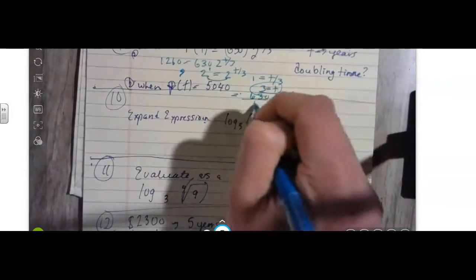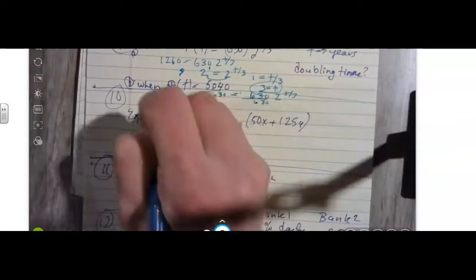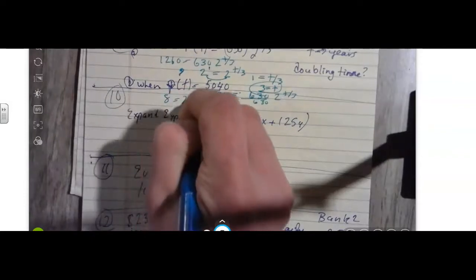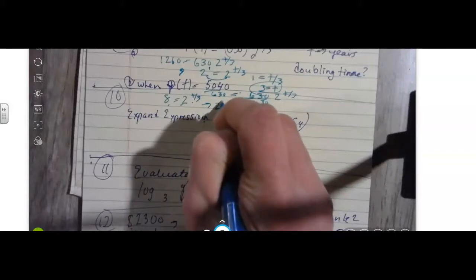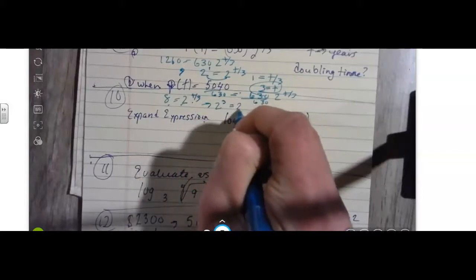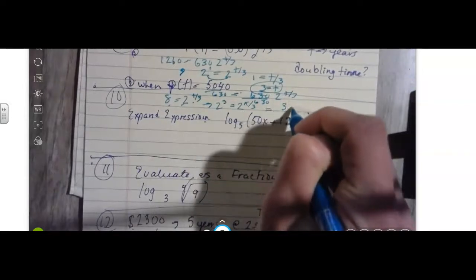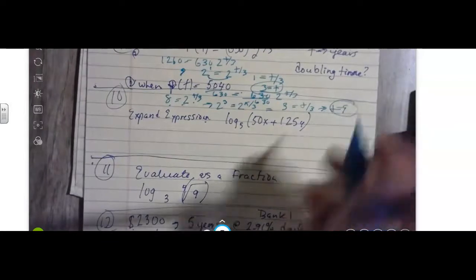If you divide both sides by 630, you're going to get 8 is equal to 2 to the t over 3. And again, you want to get the bases the same, so it's going to be 2 to the third equals 2 to the t over 3, which means 3 equals t over 3, which means t equals 9.